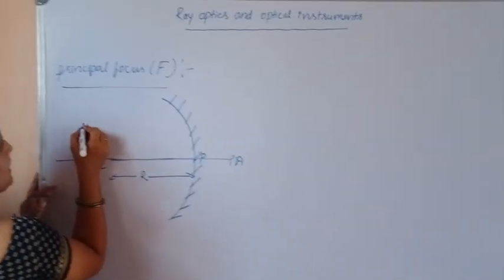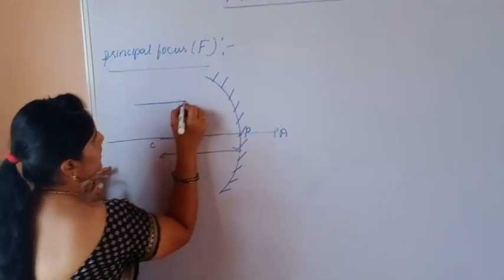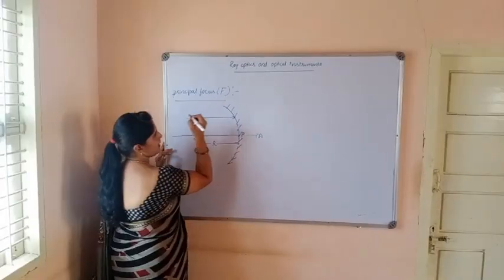When a parallel beam of light is incident on the spherical surface, what happens?